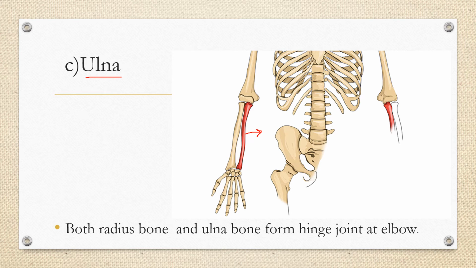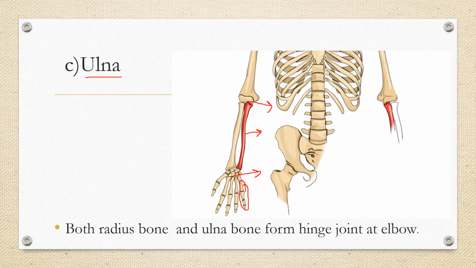Note that this bone is also present between your elbow joint and your wrist joint. The difference between the radius and ulna is that the ulna is on the side of your small finger. The second major difference is that the ulna is longer than the radius, but at the same time it is thinner.